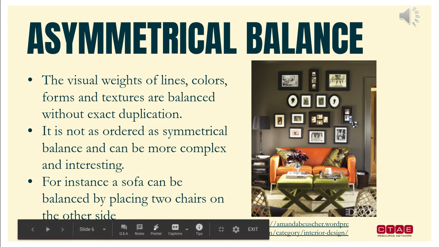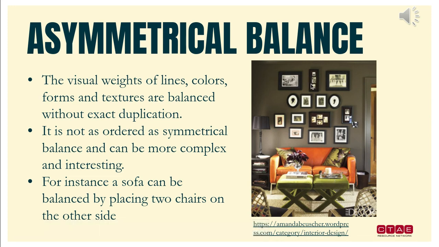This is sitting on a tray. The picture frames on this side are different than the picture frames on this side. The visual weights of the lines, colors, forms, textures are balanced without being exact same on one side as the other. It is not as ordered as symmetrical balance, and it can be more complex and more interesting.